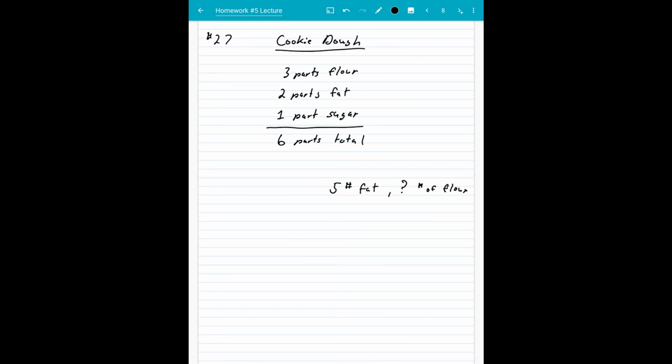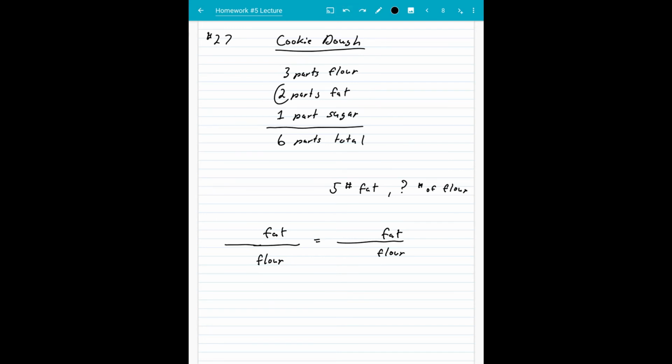What we can do is refer to our recipe here at the top, how we make it. This is a weight ratio that we have. So we can set up the different weight ratios. Notice the one we're looking at is fat to flour. So I can make a proportion: fat to flour, equals another one of fat to flour. Since it's a weight ratio, we look at the numbers in front of it.